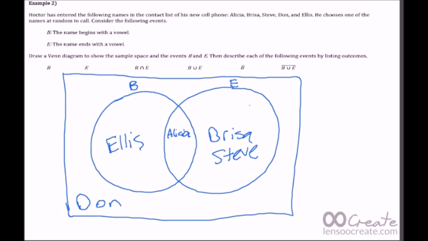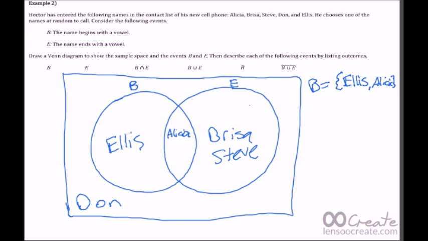And from here, now we can describe the events a little bit easier. Event B equals, bracket, every name that's inside the circle B, which is Ellis and Alicia. I'm going to close that.